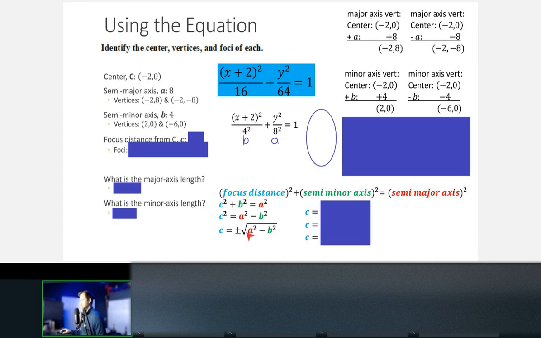It's up to you if you want to do that. I think it's easier just to plug it in here because you'll be doing those steps anyway, right? So we plug in 8, we plug in 4, we do the math, we get 48, and the square root of 48 is what?